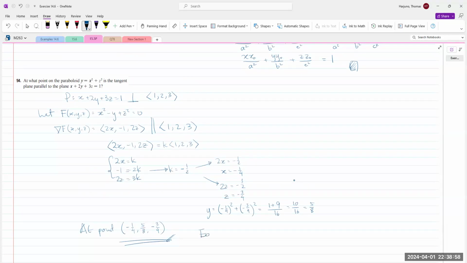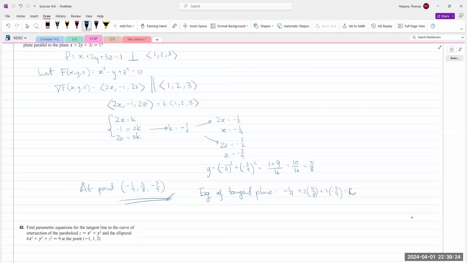The equation of the tangent plane is given by x plus 2y plus 3z equals a constant, call that c.